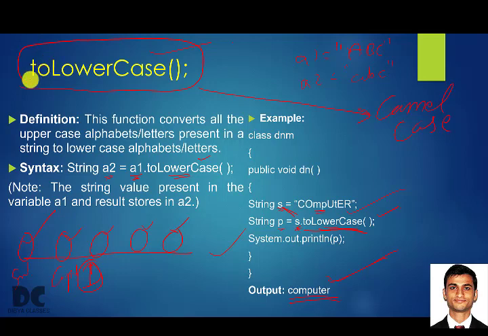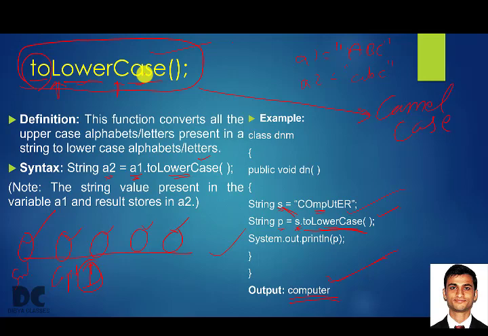So here it has 3 words, to, lower and case. First will always be small letters. Second, third, fourth, fifth, sixth, seventh, infinite, the first letter will be capital. And this type of sentences are known as camel case sentences. And there will be no space between two words. This is how the functions are written in Java. You will see that many of the functions in Java will follow the camel case.